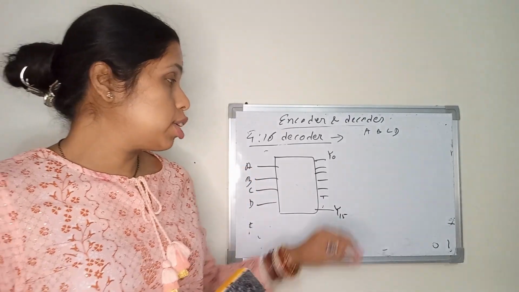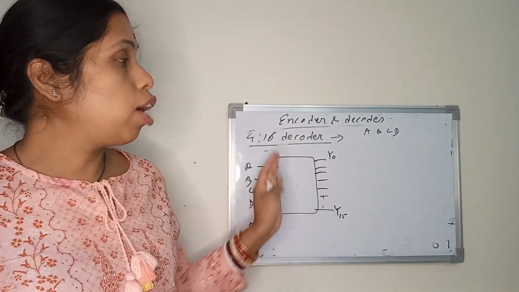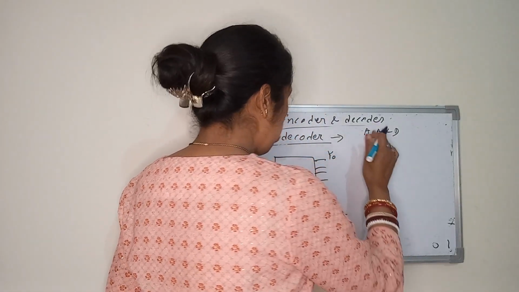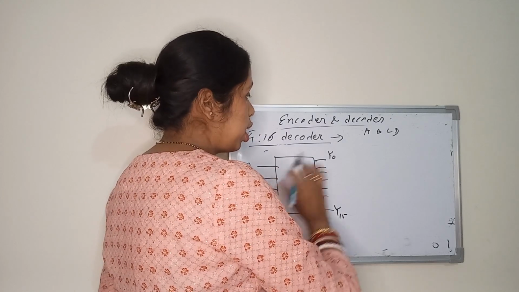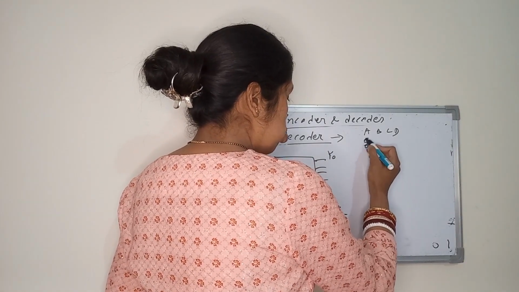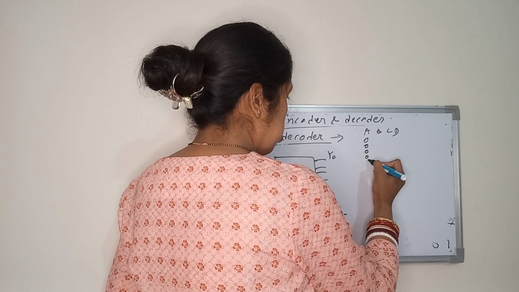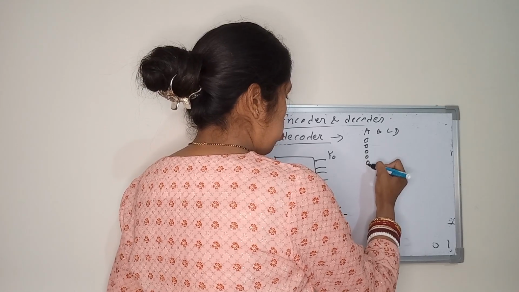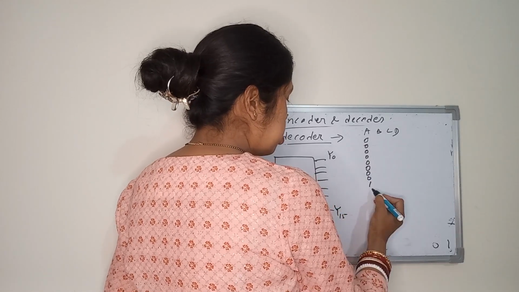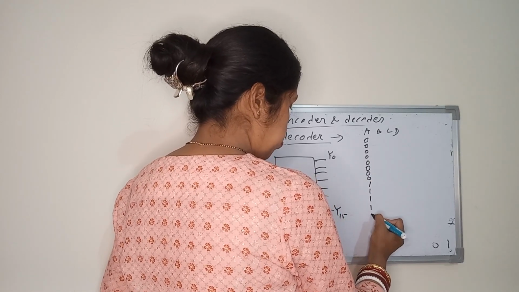So for that I am writing the truth table here, in short form. First I am writing the input lines, a total of 4 inputs, and you have to write the total 16 combinations. Okay, so here I am writing the truth table.